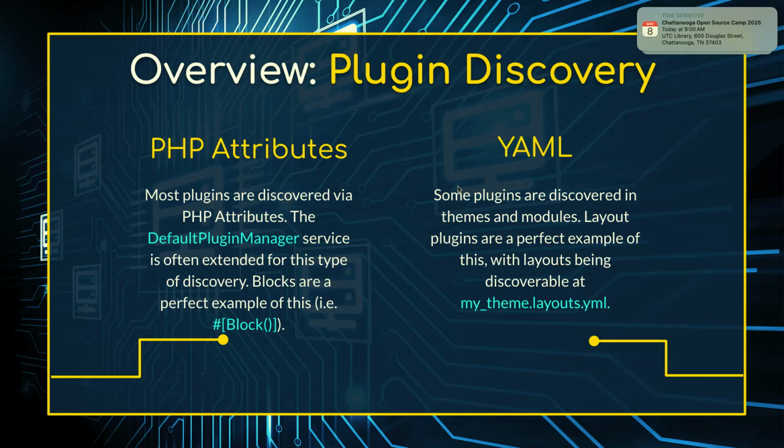Blocks are a perfect example of this. They're the most commonly known about plugin and extended plugin for custom code. And then some are discovered through YAML. Layout plugins are a really good example of this, and they are not just YAML discovery, they're also attribute discovery. So you can define layouts in YAML and attributes.